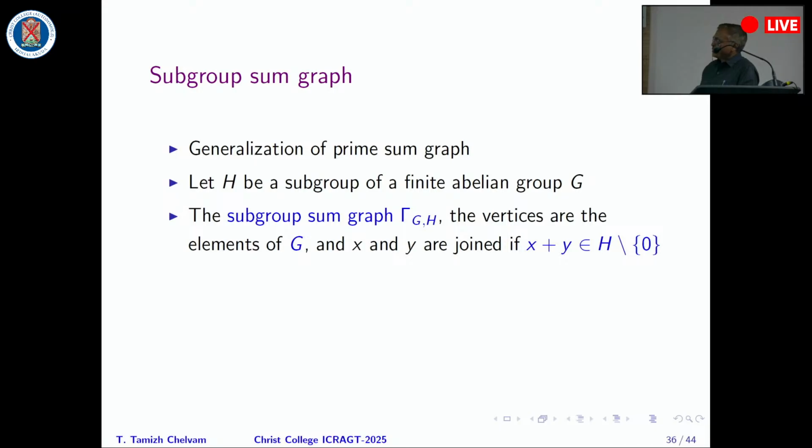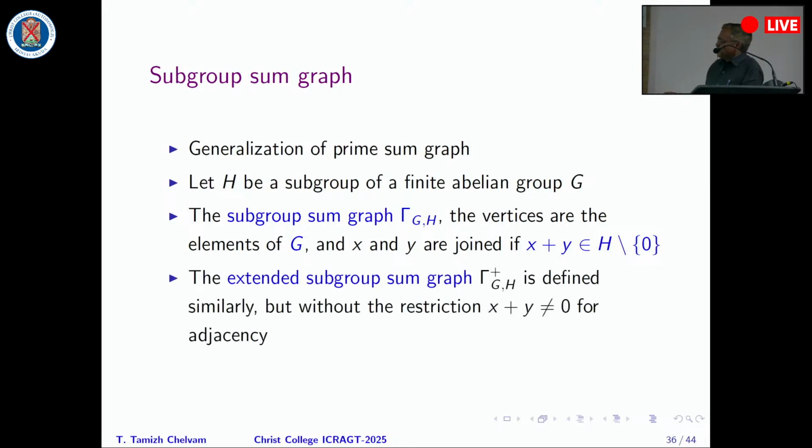The definition of the subgroup sum graph, which is denoted by gamma G comma H. So a finite abelian group G and a subgroup H. Corresponding to that pair, we define gamma G H. Okay. The vertices are elements of G and 2 distinct elements are joined provided x plus y is an element of H, but it is not 0. Okay. Then why are you deleting 0?